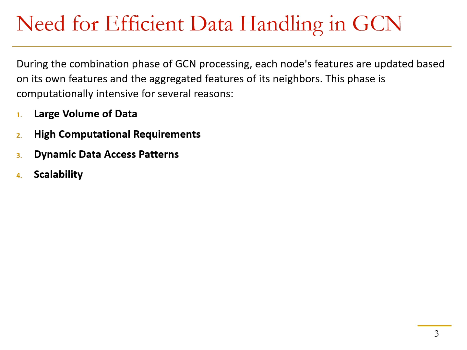Unlike image or text, graph data has irregular access patterns that can lead to inefficient use of cache and memory bandwidth. Techniques like GPUDirect Storage (GDS) can mitigate this inefficiency by optimizing how data is transferred and accessed, directly impacting the performance of the combination phase.